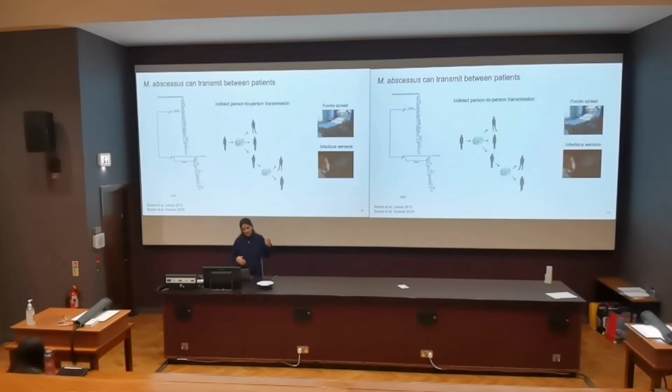And what we actually found was that many of the isolates clustered into two branches on the tree, and within these clusters they were very, very highly related, and given the mutation rates and the phylogenetic structure, it indicated that these were transmission clusters.